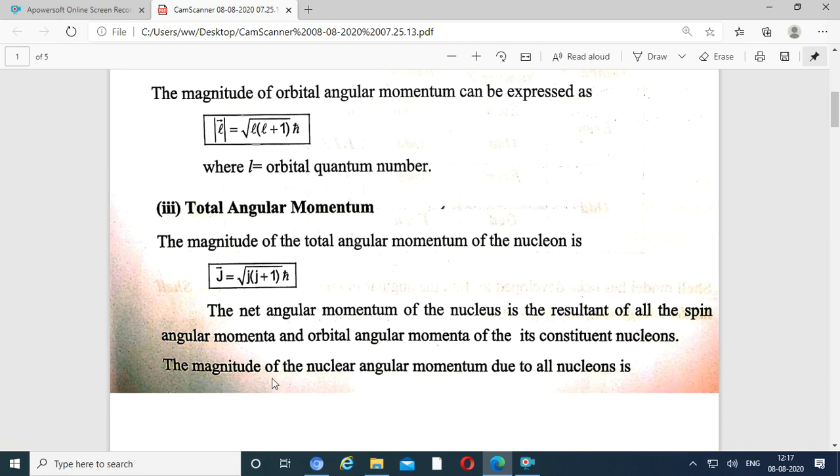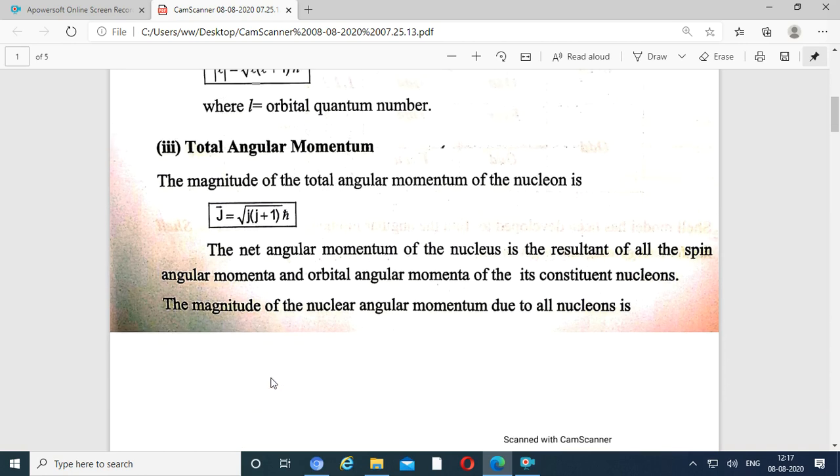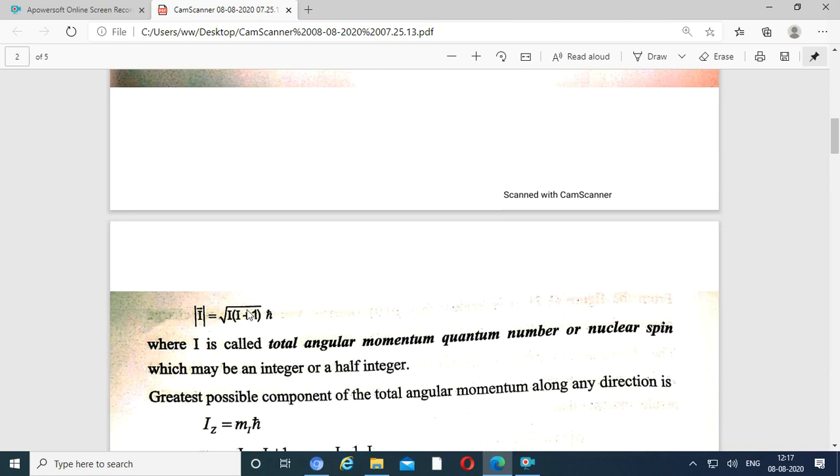The magnitude of the nuclear angular momentum due to all nucleons is I equals √(I(I+1)) ħ, where I is called the total angular momentum quantum number or nuclear spin, which may be an integer or a half integer.